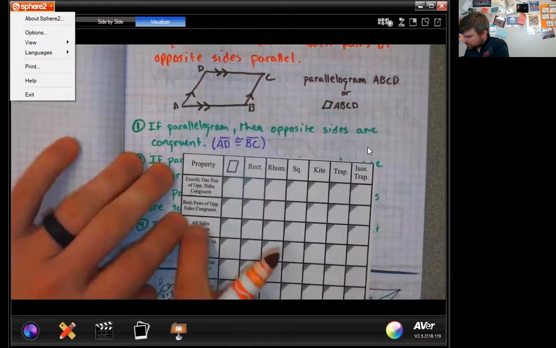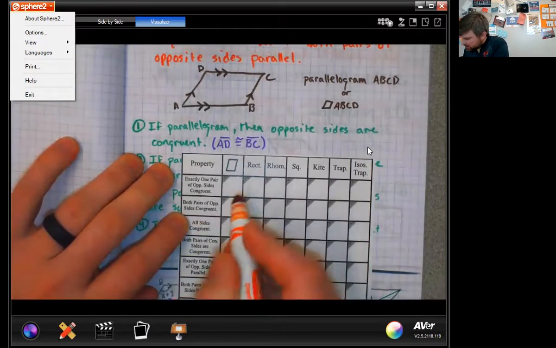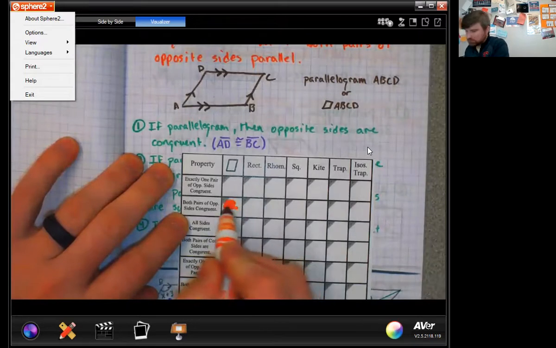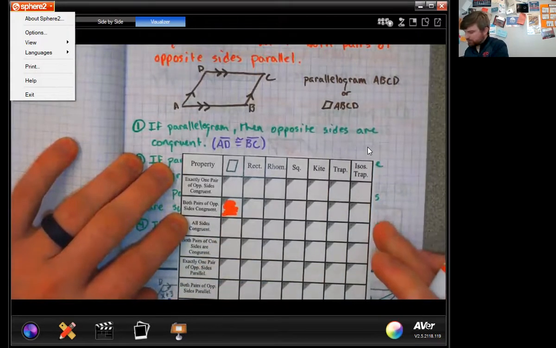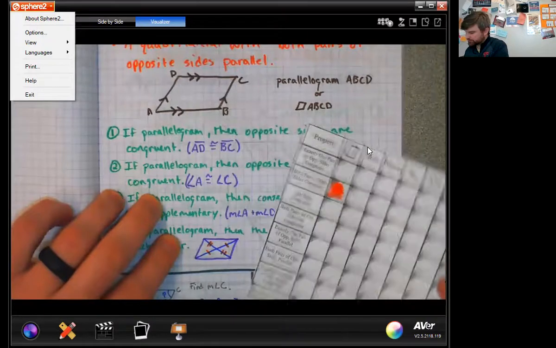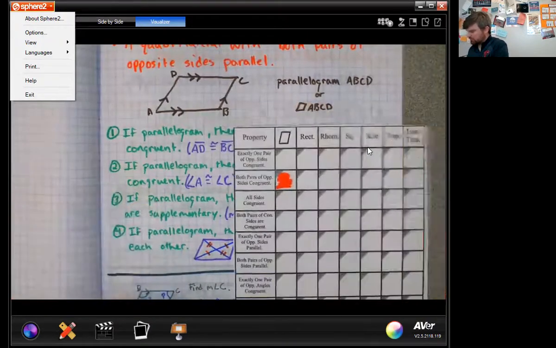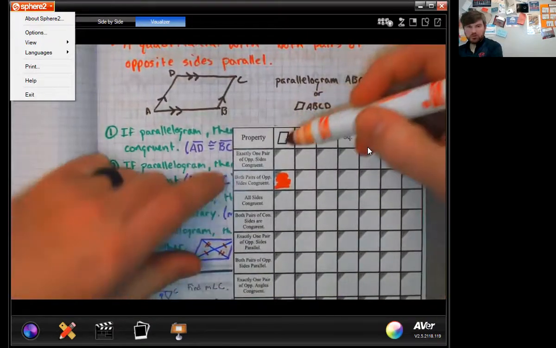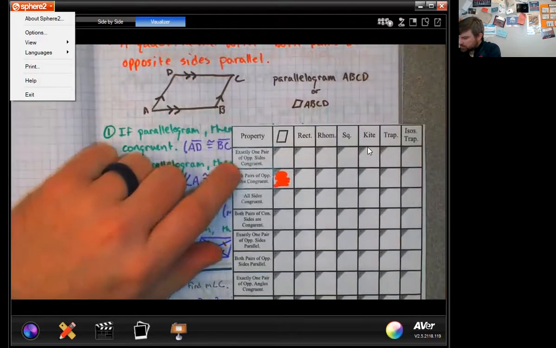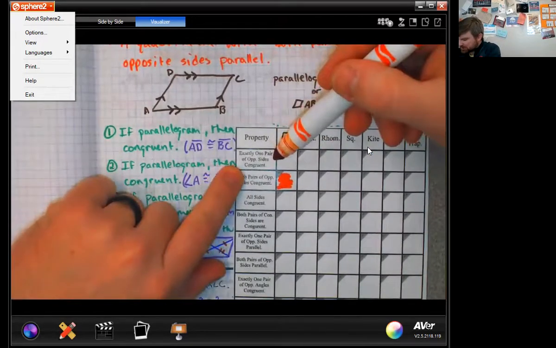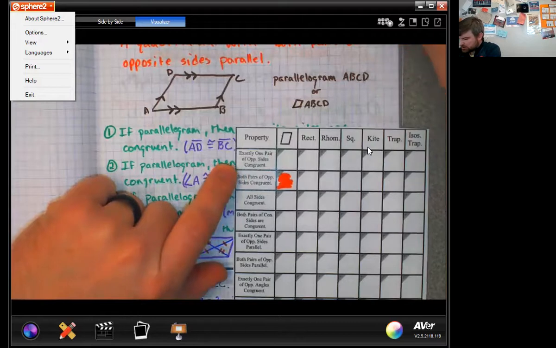Right here, both pairs of opposite sides congruent. So we can color that in. It might be easier to just read through them all. Exactly one pair of opposite sides congruent? No, that's not true because both of them are.